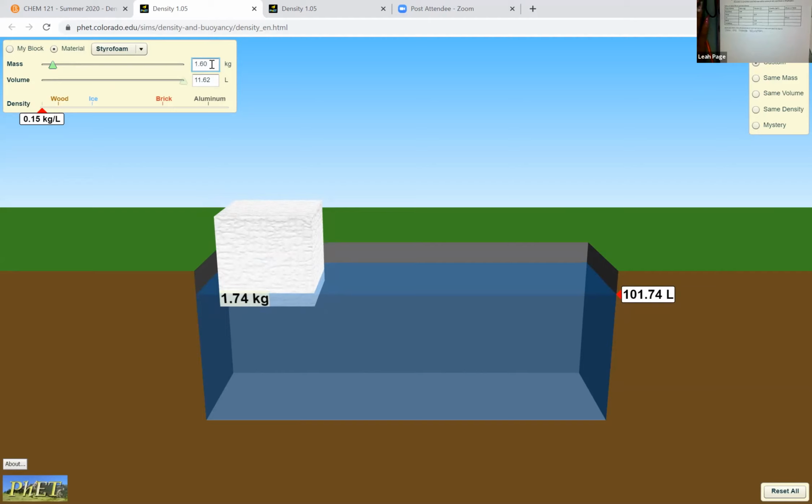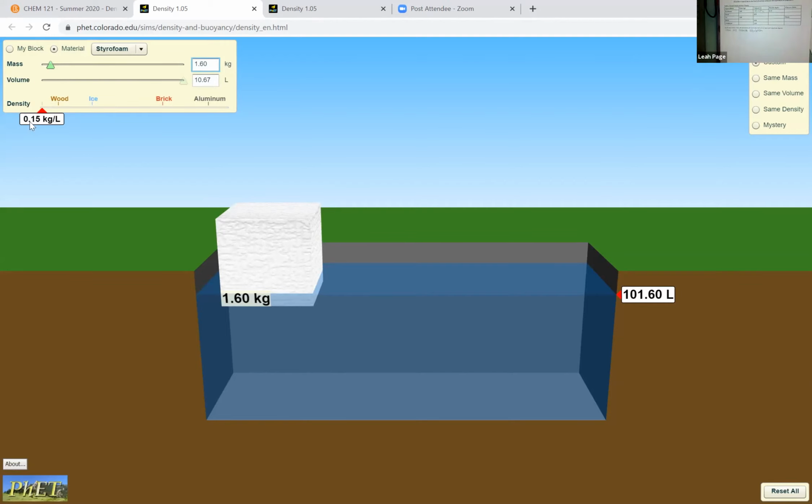If I type that in and press enter, it's going to give me a volume of the styrofoam. If I change the mass, it also changes the volume to 10.67 liters. That 10.67 liters is what I'm going to write down on my table, because that's a missing blank. I'd write down 10.67 liters.